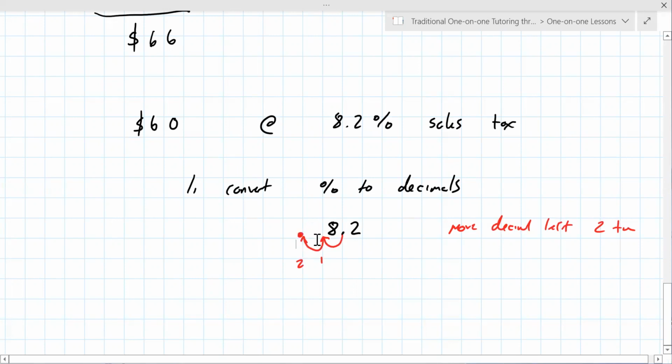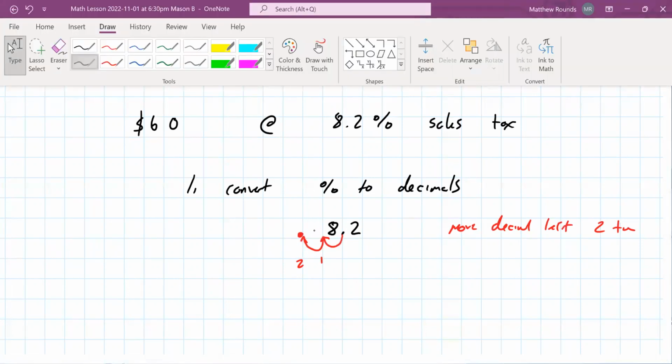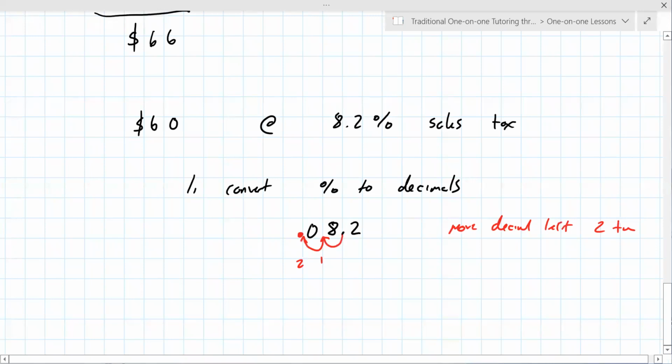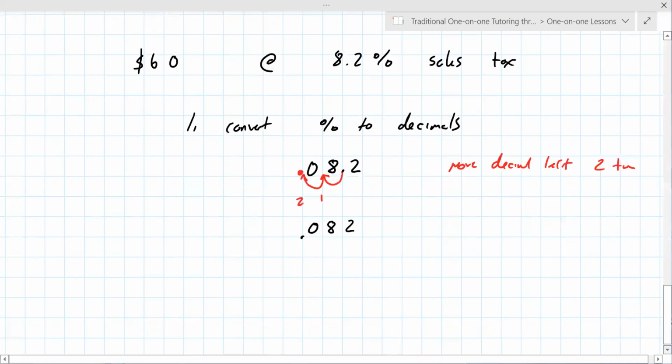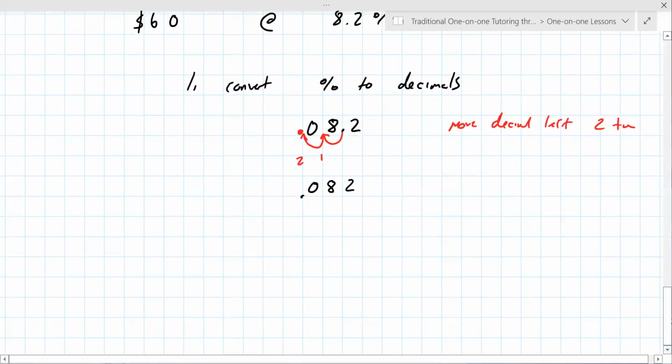I think of these as like egg crates or egg positions, and you put a 0 in that missing position. So 8.2% sales tax is really 0.082. And then you're going to multiply that by 60.